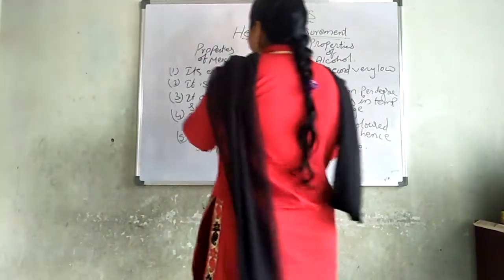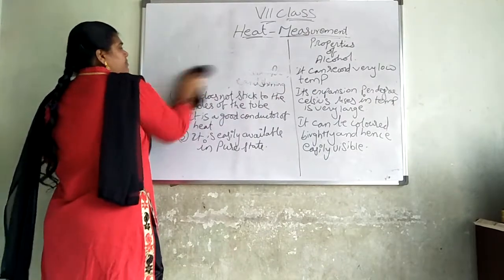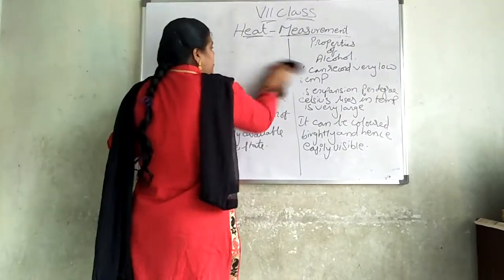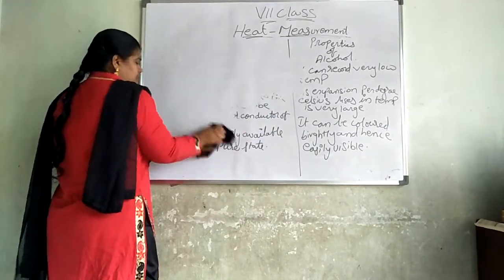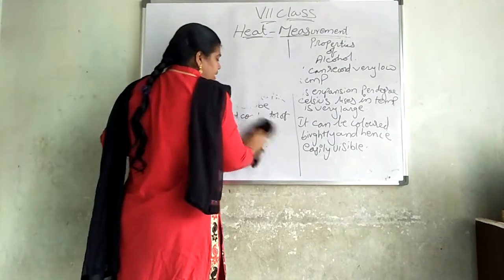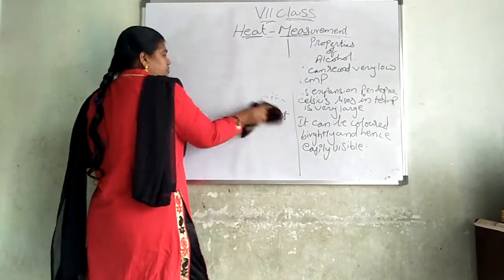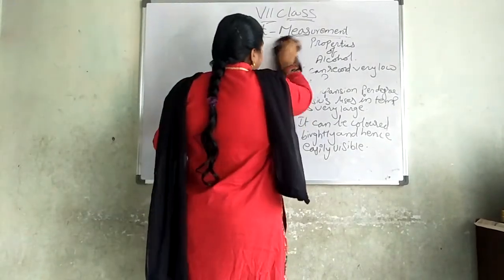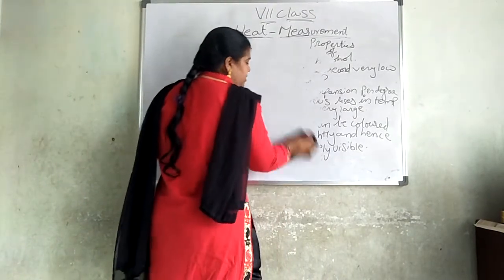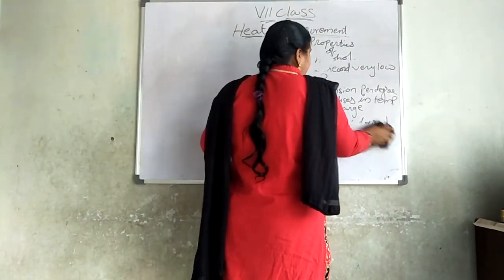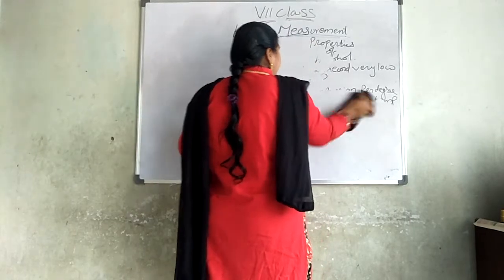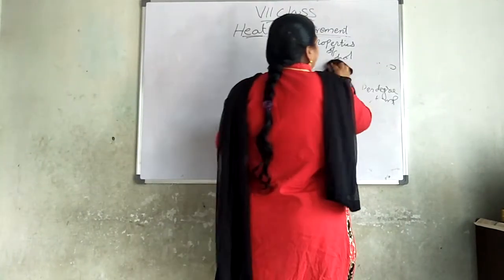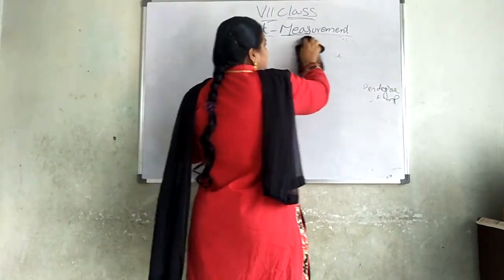How to draw the measures? Will you throw the clinical thermometer and buy a new one? If measures are wiped out, can we find out the temperature of the human body? It is not possible. How to measure the temperature of a human body if the measures are wiped out? Then how to write them?